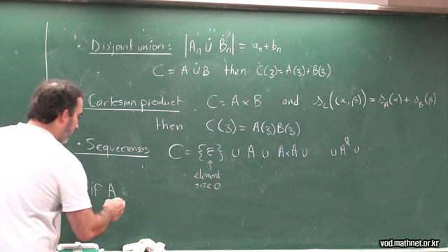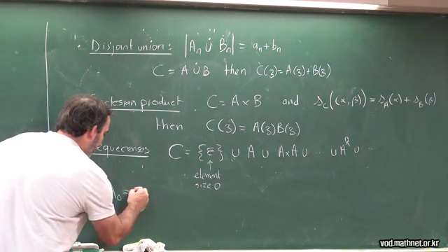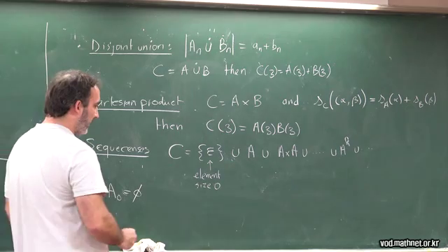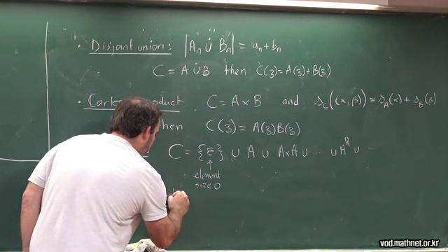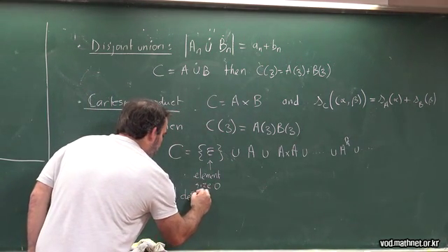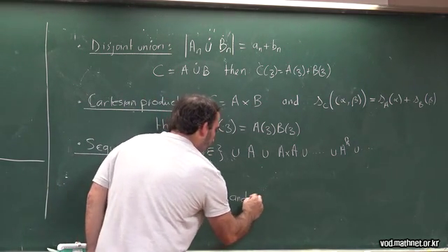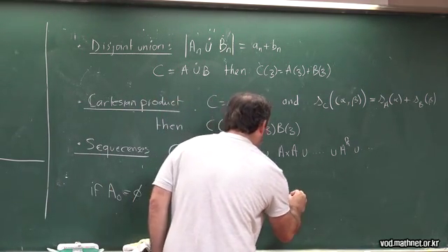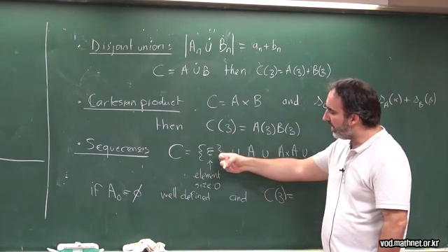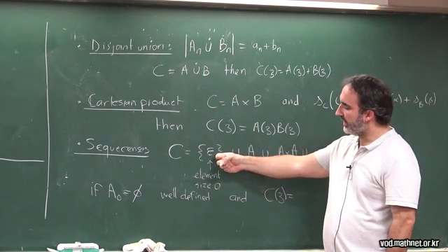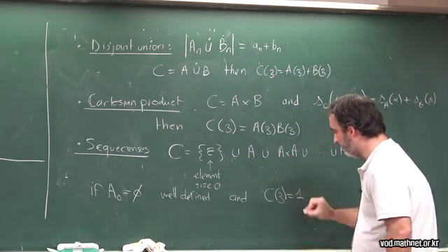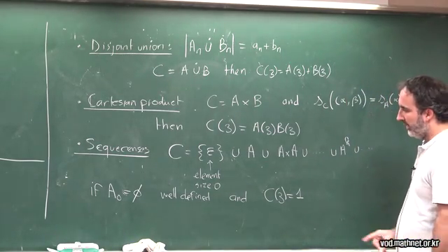So if A_0 is empty, this is well defined, and C of Z equals, so this is one element of size 0, so its generating series is 1.